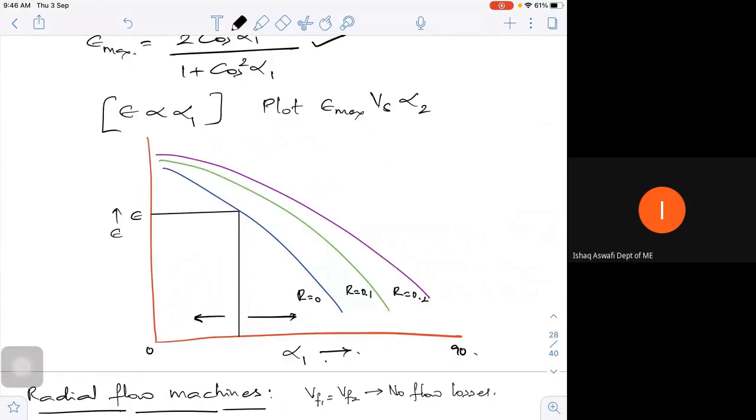This I can verify for any kind of axial flow machine for different values of degree of reaction. If R is equal to 0, it's an impulse machine. If R is equal to 0.5 or 0.6, it is a reaction machine.